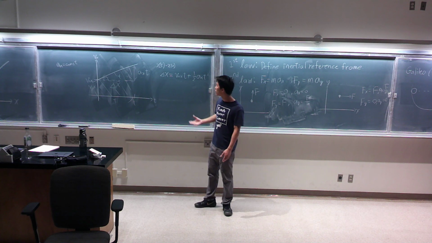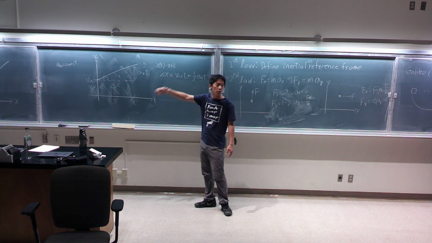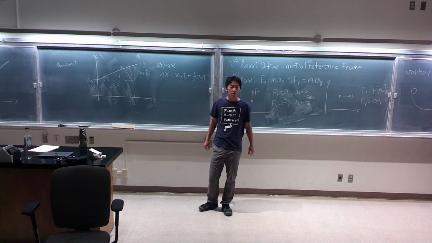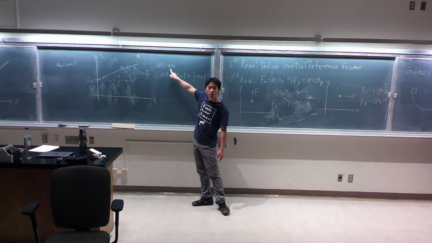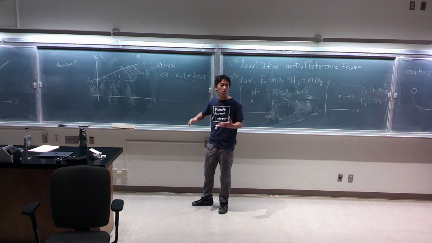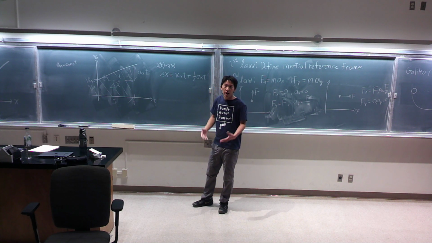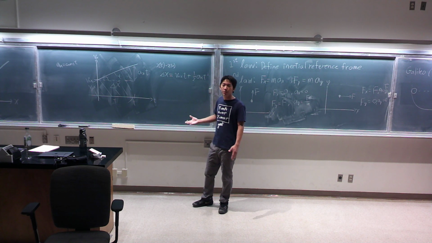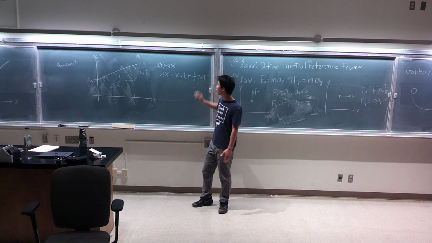If the particle starts at this point in your frame, then you start at that point in the frame. You need to get it from the problem statement. The initial position and initial velocity are called initial conditions. They depend on the frame. That depends on how you set up your problem, and you cannot get them from F equals ma. What you get is acceleration.